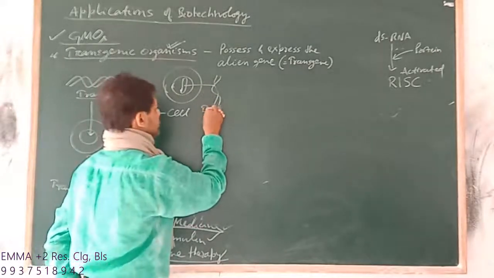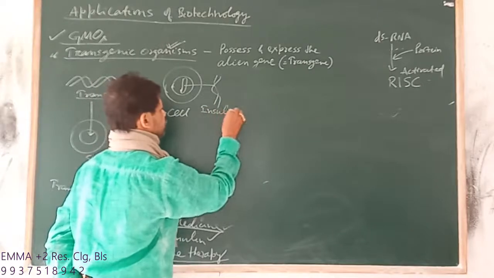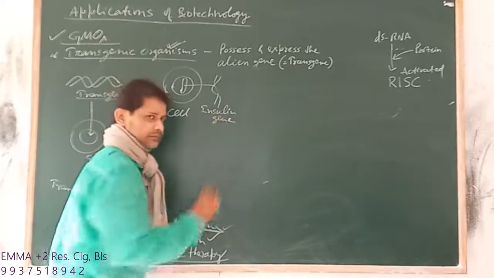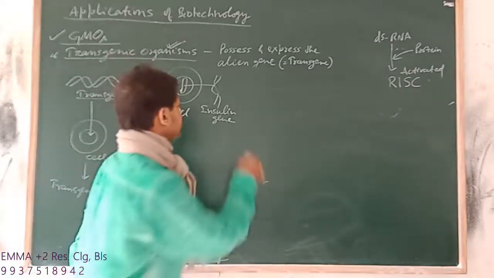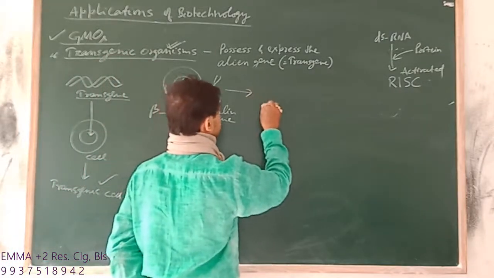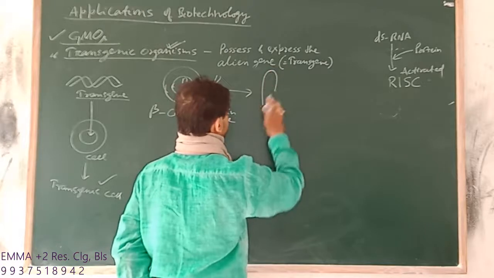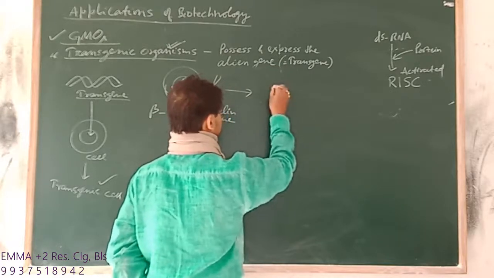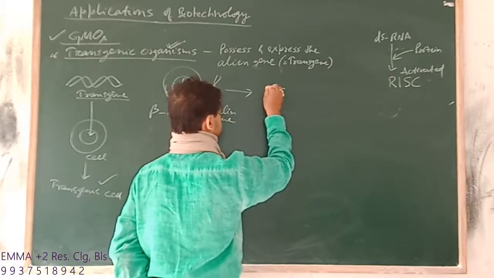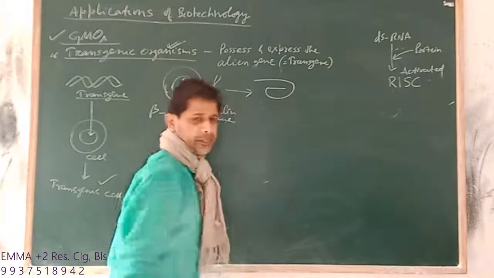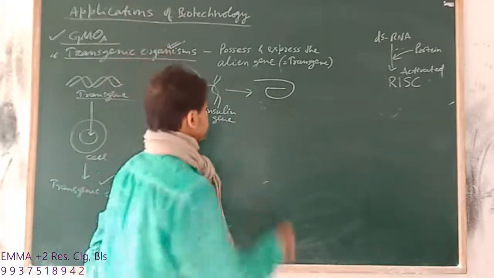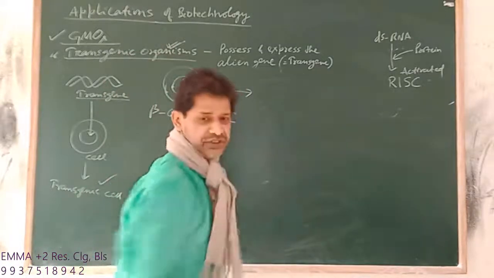This is the insulin gene. And this insulin gene produces a proinsulin. Suppose this is the proinsulin.